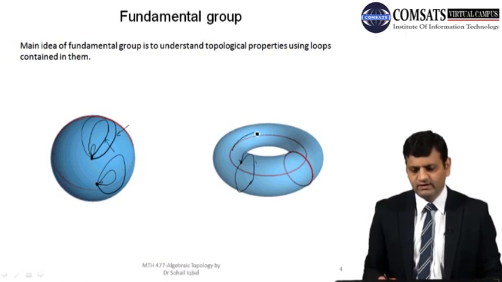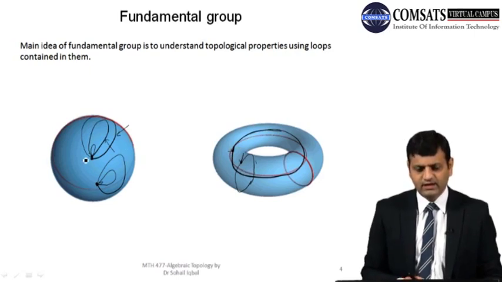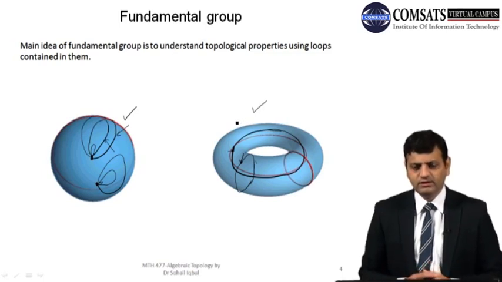Similarly, I can have another loop, for example this loop, and I cannot deform this loop to a single point. So there are two loops which cannot be deformed to a single point, whereas in the case of the sphere, every loop can be deformed to a single point. So by just studying the loops, I have come to know the difference between a sphere and a torus. That's the main idea to study the fundamental group.